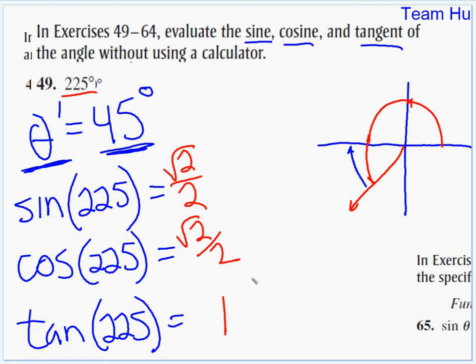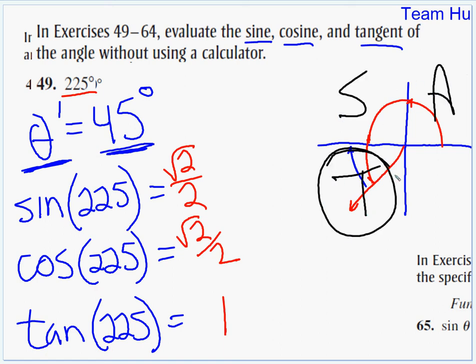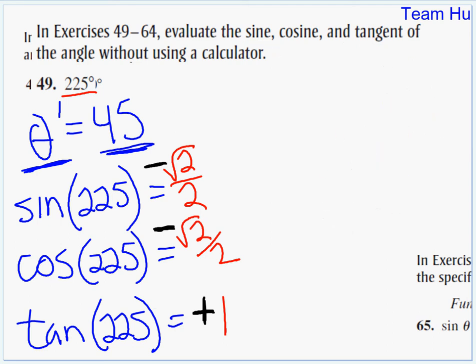Now let's figure out what's positive and what's negative. All Students Take Calculus. We stopped in the quadrant with T, so tan is a positive answer, and that means everything else must be negative by default. Okay, good stuff.